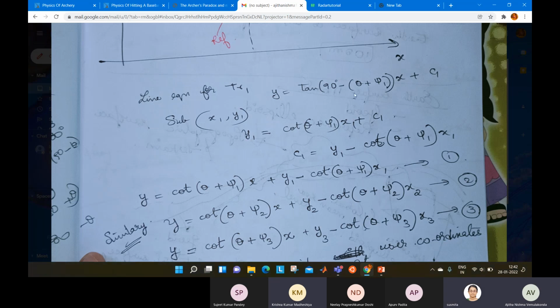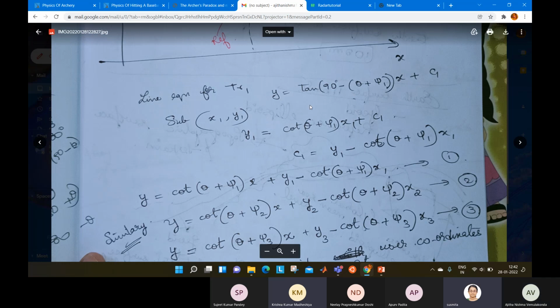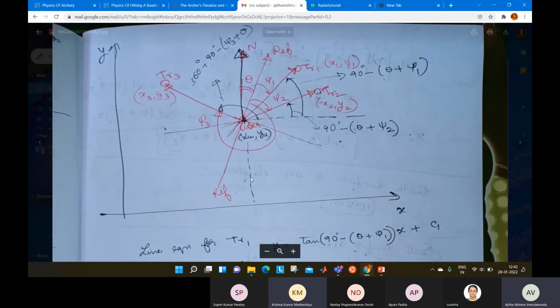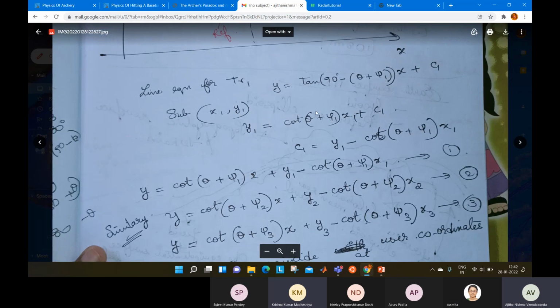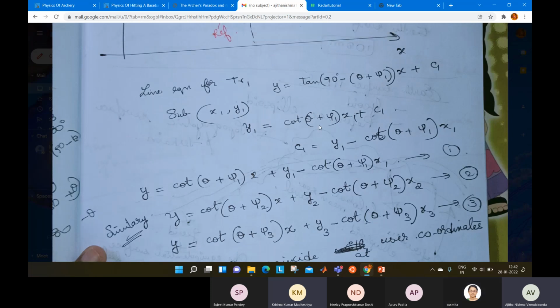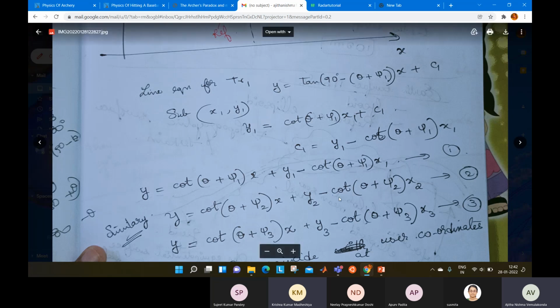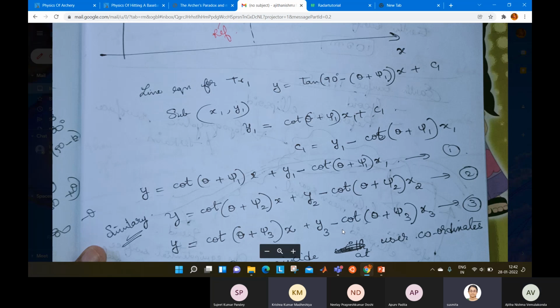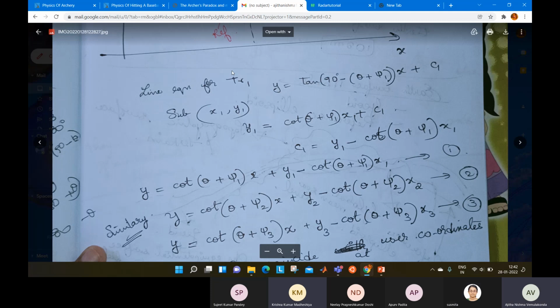From the line equation using y equals mx plus c, that is the slope angle, so I got tan of 90 minus angle. So I have written cot of (theta plus psi 1) times x1 plus c1. C1 is unknown, but I know the transmitter coordinates, so x1, y1 are substituted. Then I got three. What is y1? X1, y1 are the coordinates of the transmitter TR1.